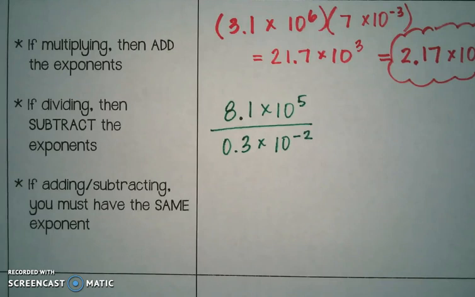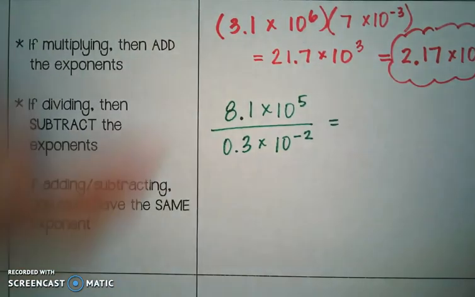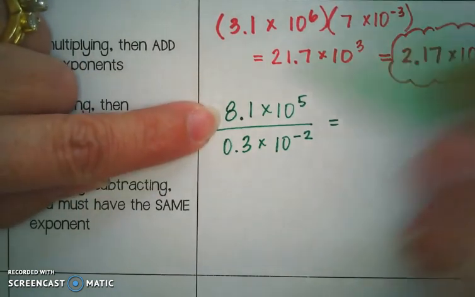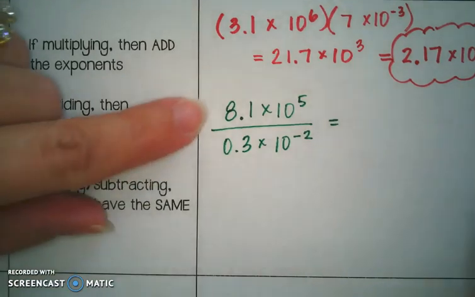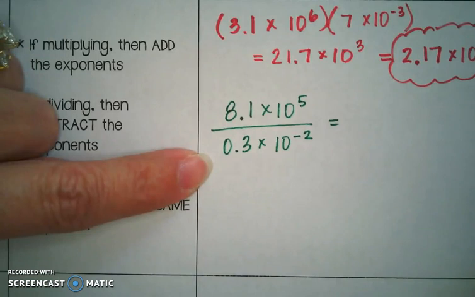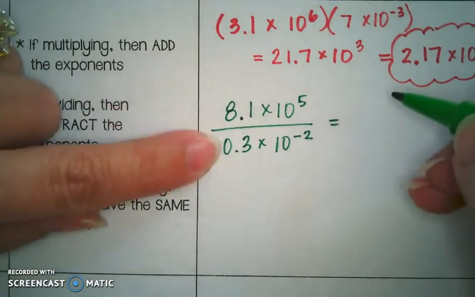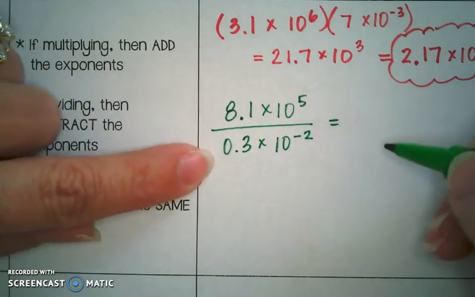So, first thing we need to do is just take care of dividing our numbers. So this is 8.1 divided by 0.3, which is basically 81 divided by 3. So 81 divided by 3 is 27.